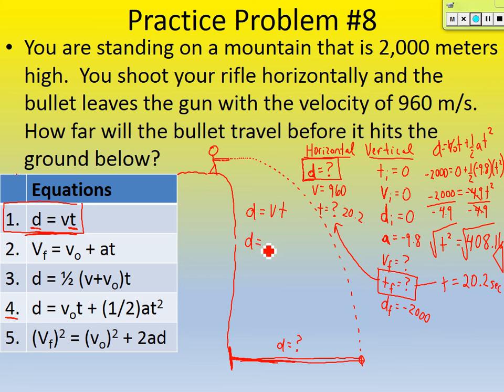So displacement horizontal is equal to its velocity horizontally. Now, what was its horizontal velocity? 960, yeah. Times the time that it's in the air was 20.2 seconds.